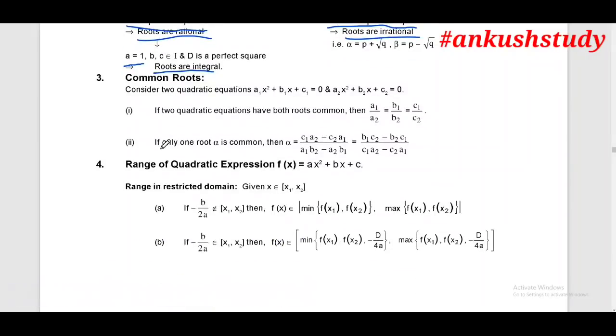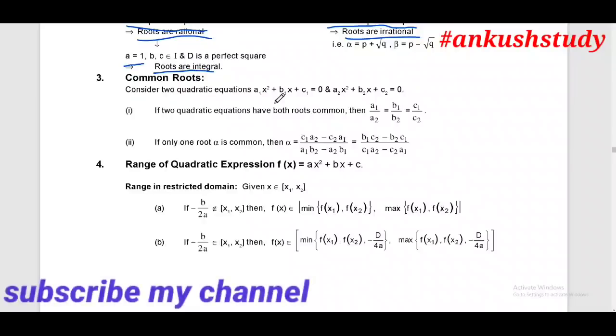Consider two quadratic equations: a1x square plus b1x plus c1 is equal to 0, and a2x square plus b2x plus c2 is equal to 0. So these are the two quadratic equations. We have just taken an example.